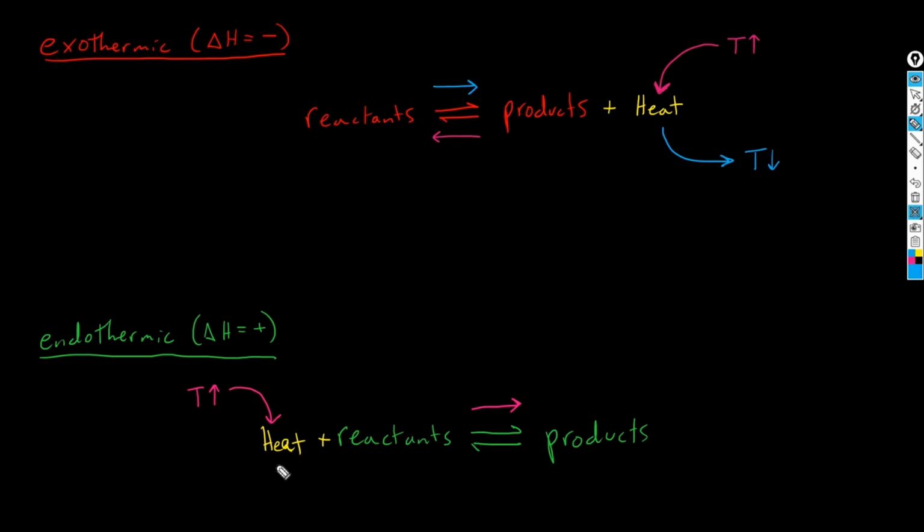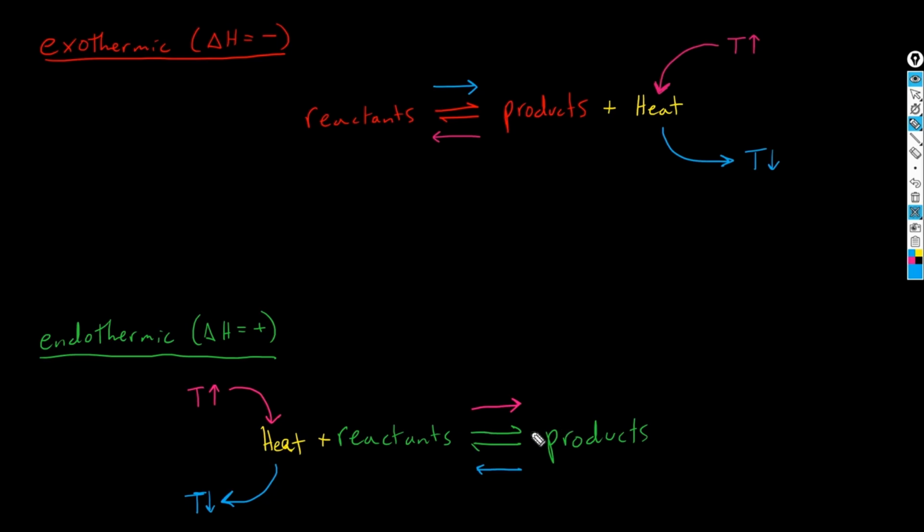If we instead remove heat by dropping the temperature on an endothermic reaction, we're removing the reactant that it needs to happen, so the reverse reaction will happen. Because how do we counteract a removal of heat? We do the reverse reaction, which will create more heat.